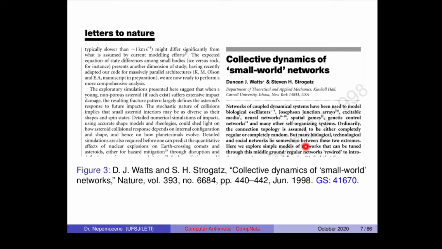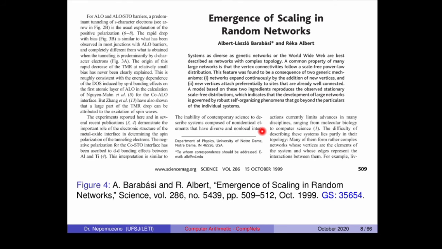It's a breakthrough paper because up to that time, people usually thought about networks as random networks, but these authors started to think about structure in networks, so it's quite important.